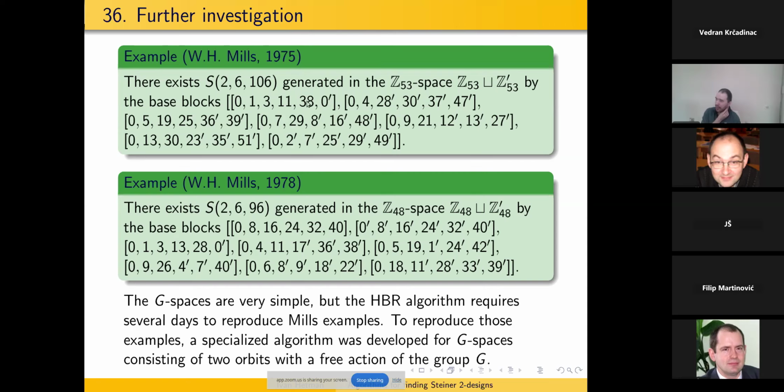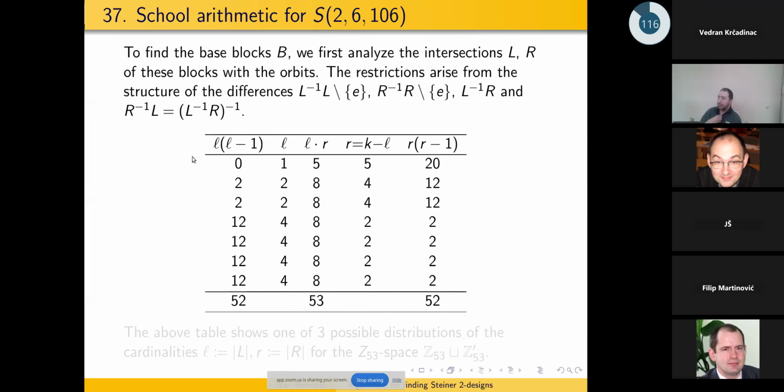Here you can see that L is equal to 5, then 2, then 4, then 3, 3, and 1. Similarly for this design. When you have the cardinality of the left part, the right part is just K minus L. So this is the explanation of this school arithmetic.